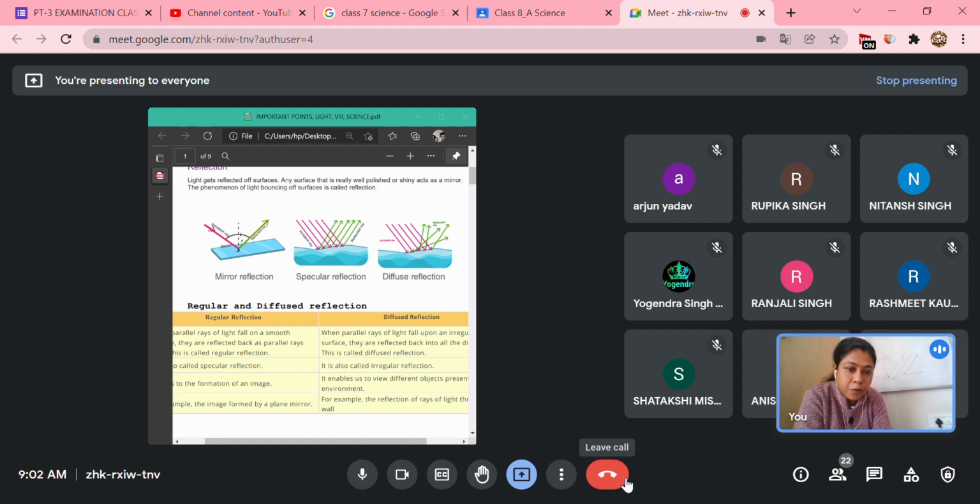Due to diffuse reflection we are able to see everything around, because during diffuse reflection the light rays get scattered throughout the illuminated area. Am I clear?